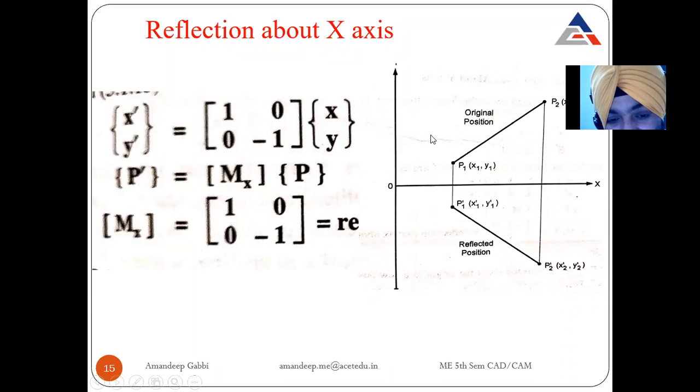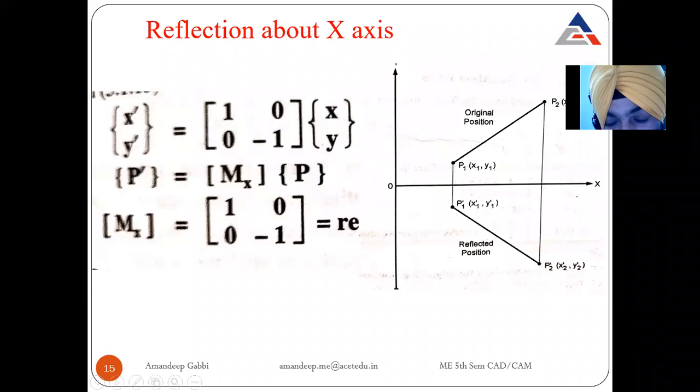But when you talk about y, above 0 it is 1 2 3 4 5 6, below 0 it is 1 2 3 4 5 6, negative, minus 1, minus 2, minus 3 below 0. Here x1 is positive and x1 dash is also positive, and y1 is positive, but when it is reflected about the x-axis, it now comes below the x-axis. That means this y is positive and this is negative.